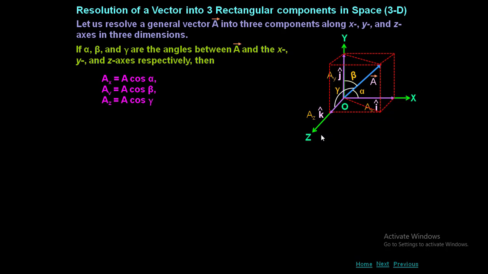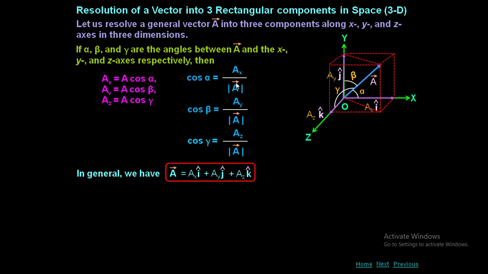Az is equal to A cos gamma along z axis, where cos alpha is equal to Ax by modulus of A bar, that is the magnitude of A bar. Cos beta is nothing but Ay by modulus of A bar, and cos gamma equal to Az by modulus of A bar. Here modulus of A bar represents the magnitude of A.